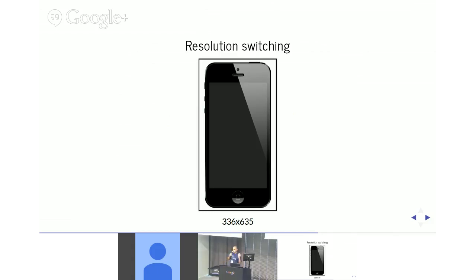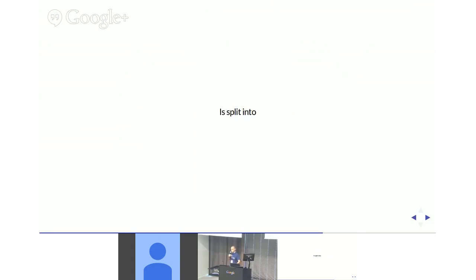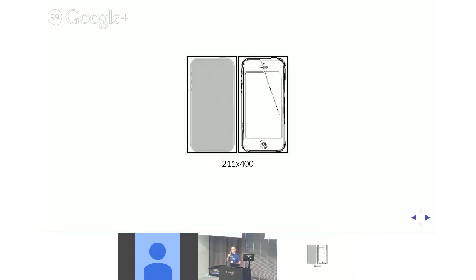So for resolution switching, if this is the full image, we can split it into a thumbnail, followed by a slightly larger diff. We can't really see the gray.